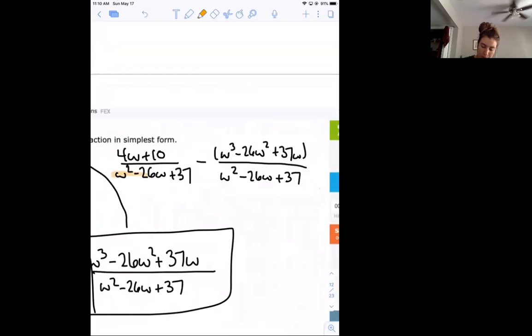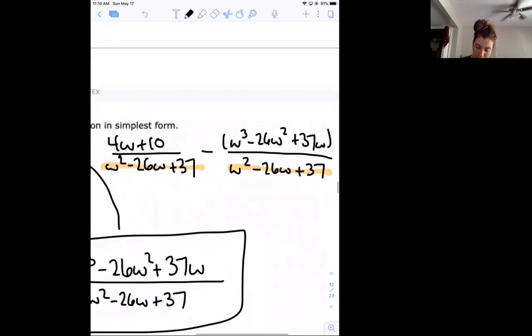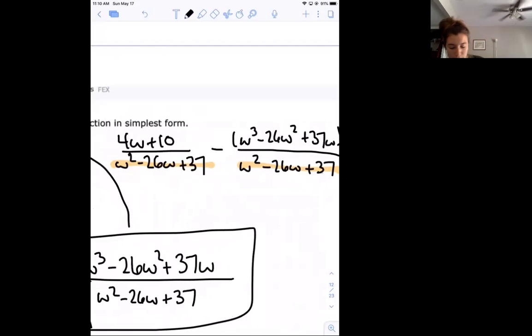But it worked because I have the same denominator now, so I can combine my fractions. So now I can just go ahead and subtract. So 4W plus 10 minus that big polynomial. Well, my W cubed term, that's my biggest term, and there's a negative, so it's negative W cubed.